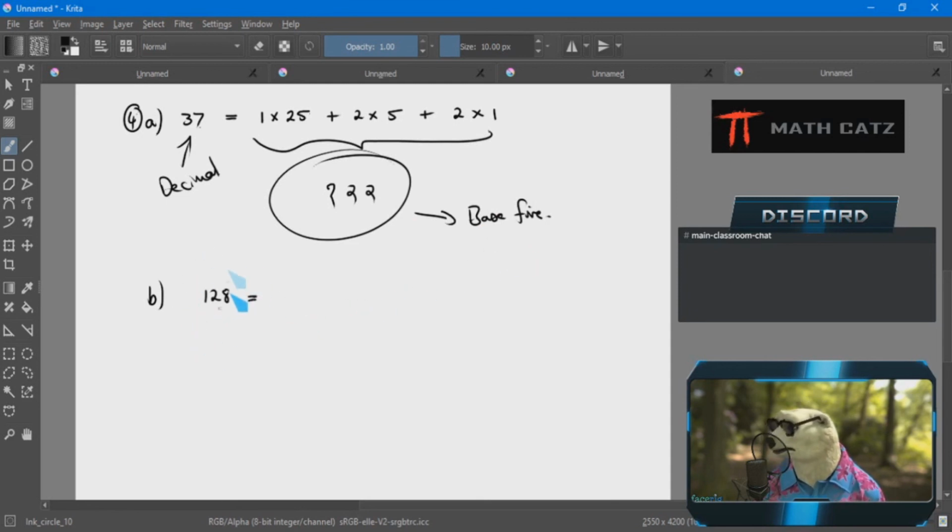So now I have 128. So I can, of course, make one group of 125. Then I only have 3 left, so I'll have 0 25s, but I need to address the 25. I need to address what comes next. I can't skip them. That is a requirement of my place value system. Couldn't do it in Babylonian, can't do it now.